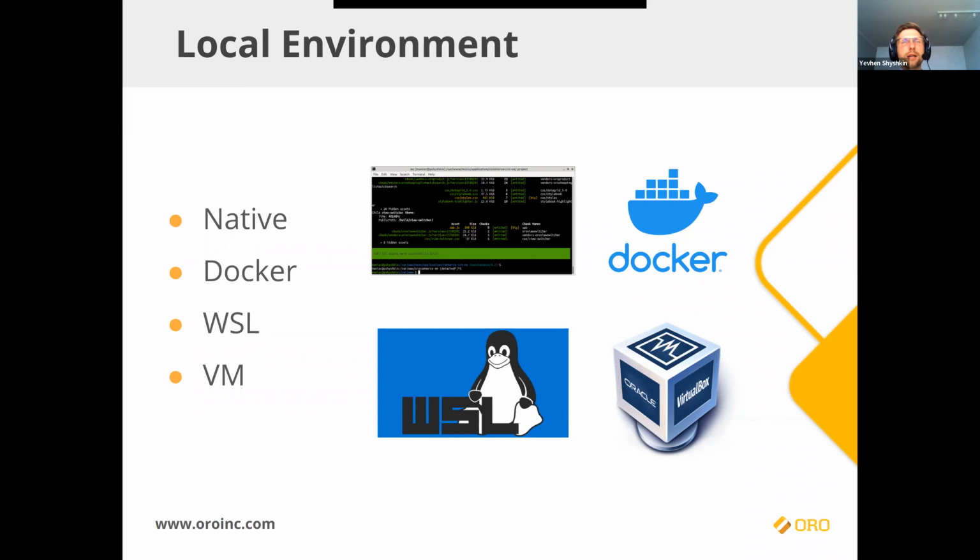The next typical way to set up a local environment is through Docker. There are many Docker container setups of OroCommerce on the internet. You can find a couple even in the Oro Inc namespace on GitHub. But if we're talking about Docker, there are two ways you can use it.